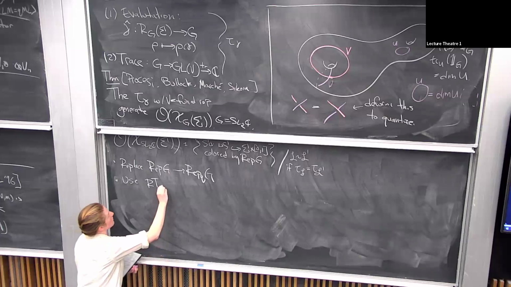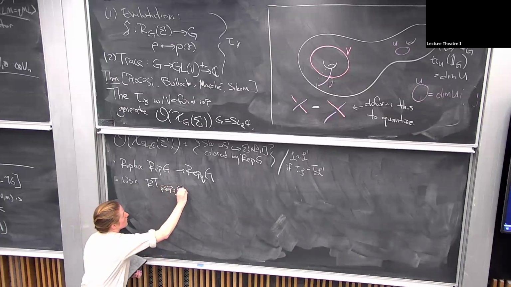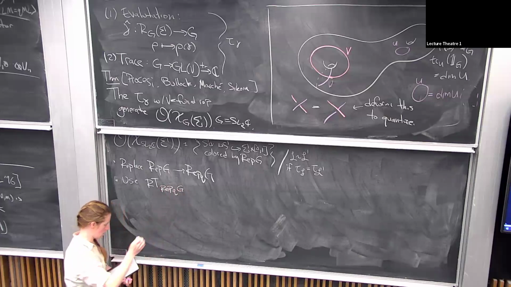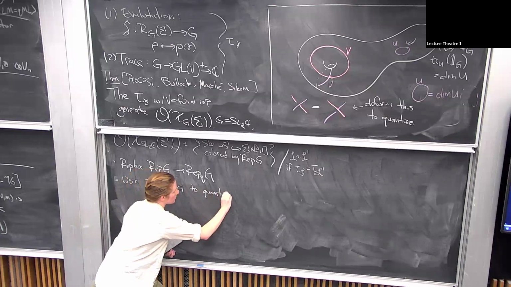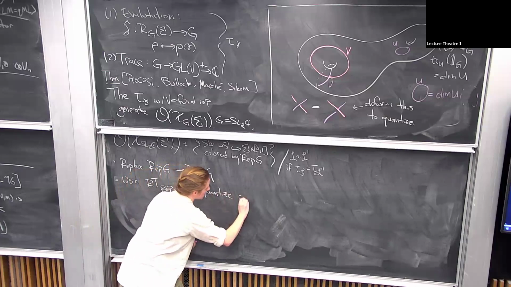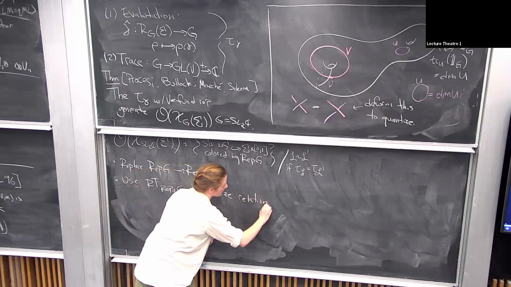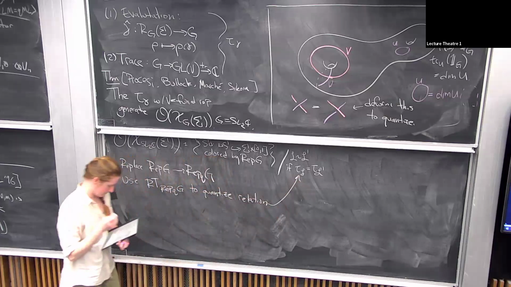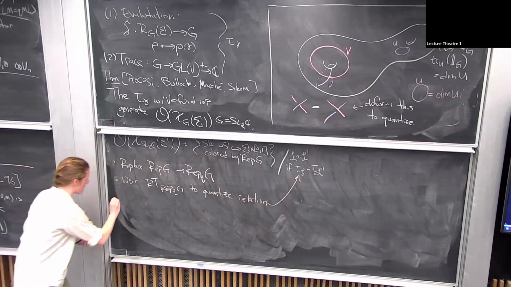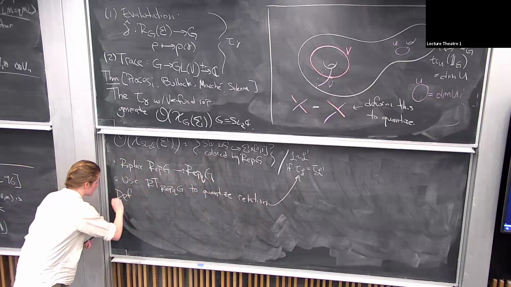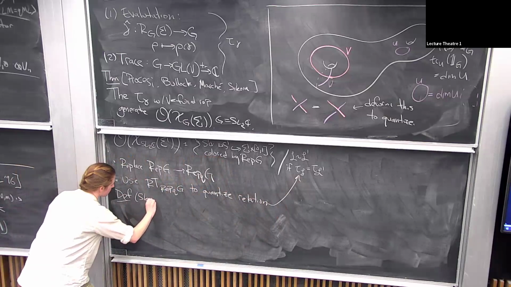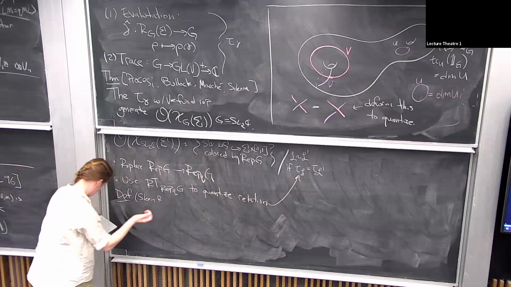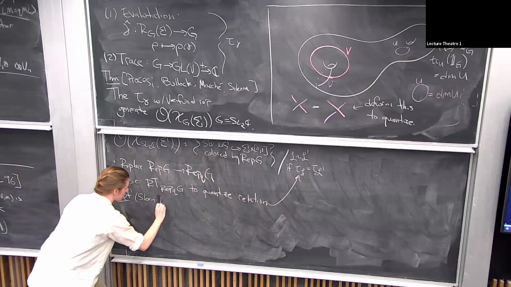So I'm going to use Rep Q G. Quantize the relation. So what does this look like altogether? This is my definition of the skein relations. Or I guess the skein algebra.